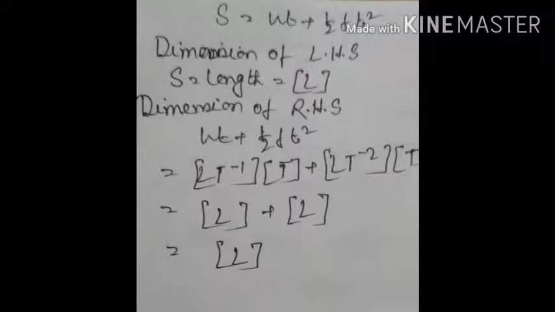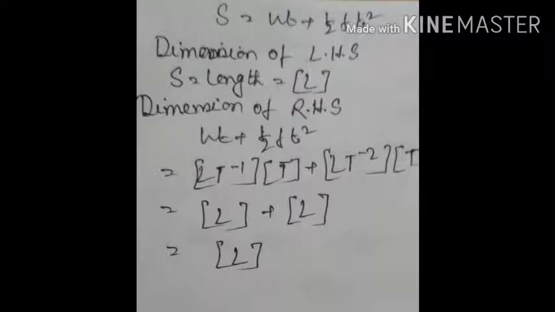So let us consider the equation s is equal to ut plus half f t square. Now the dimension of the left hand side, it is s, that is a length, so L. Dimension of the right hand side, ut plus half f t square. This is the basic rule to calculate a dimension: ut and half f t square will be dimensionally the same.